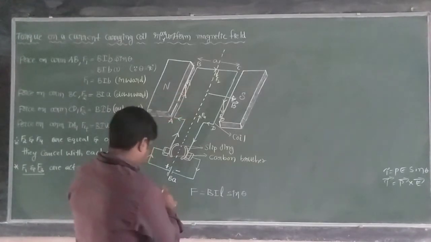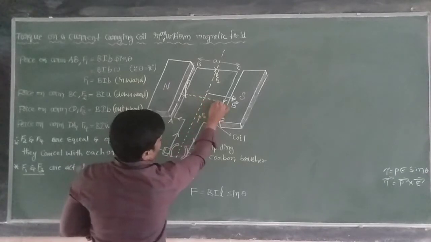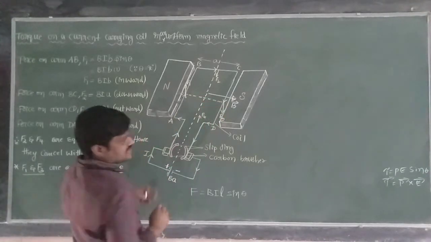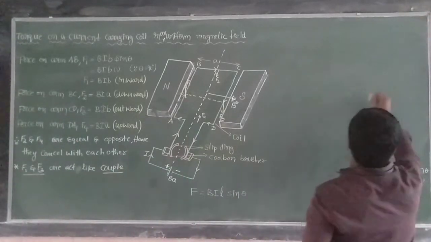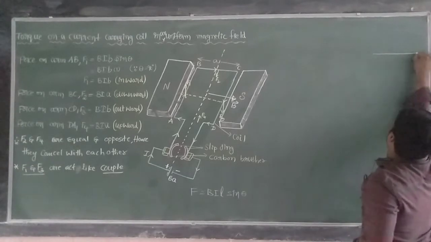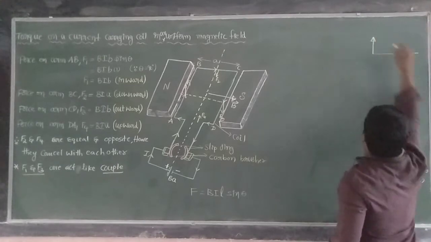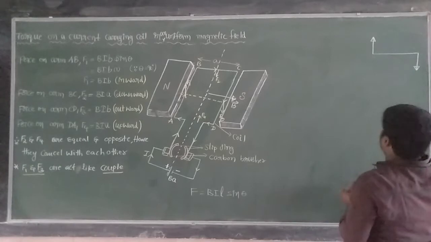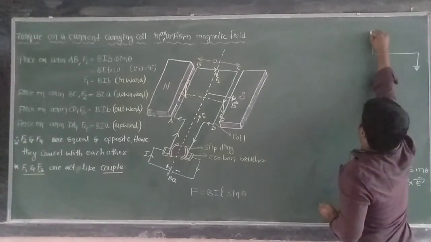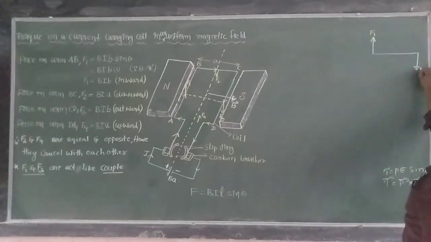Now observe here, from here to here, these are two points, and at these two points two forces are acting. I am going to draw this. Here F1 is acting in the inward direction, and F3 is acting in the outward direction.